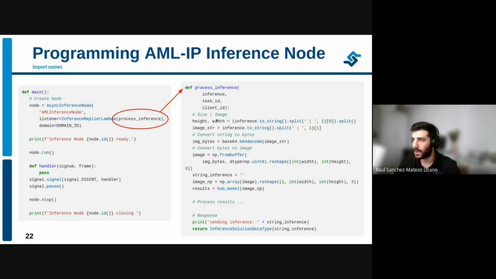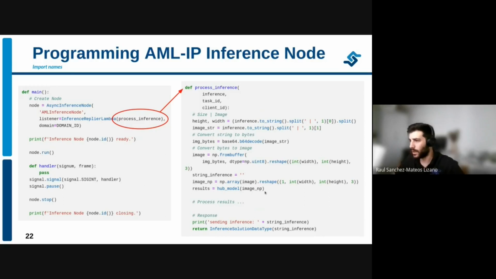So if you remember, on the other side, we converted the image to a sequence of bytes. So we are turning it back to an image using NumPy arrays. And once we have that, we will perform the inference using the TensorFlow hub model function, setting as an input the image in the NumPy format that we received.